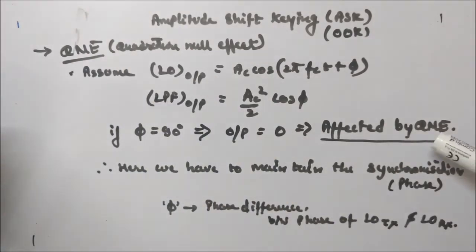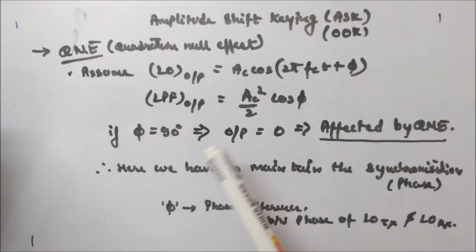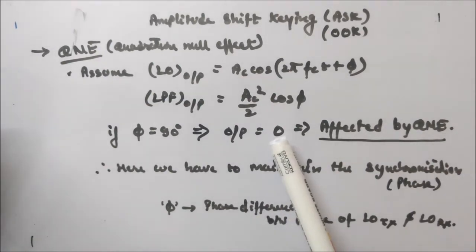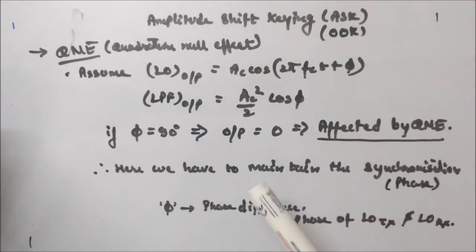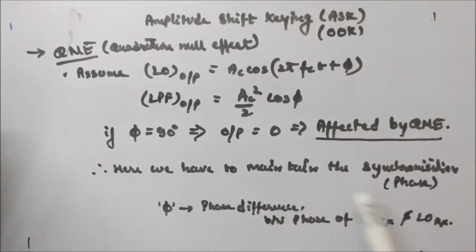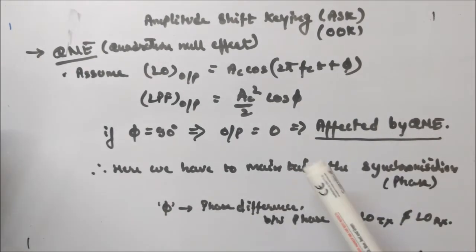So this is a problem actually. You won't be able to detect bit 1, it will always detect bit 0 at the output of the threshold. That is why we try to maintain synchronization, this phase synchronization. What do I mean by this?